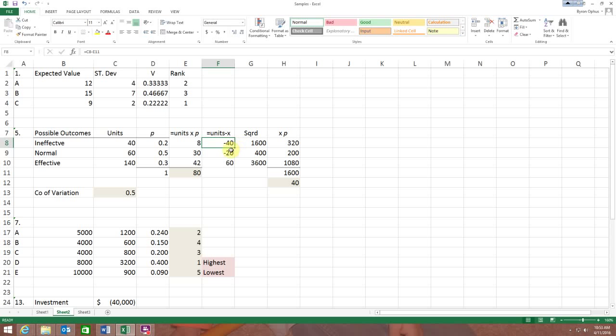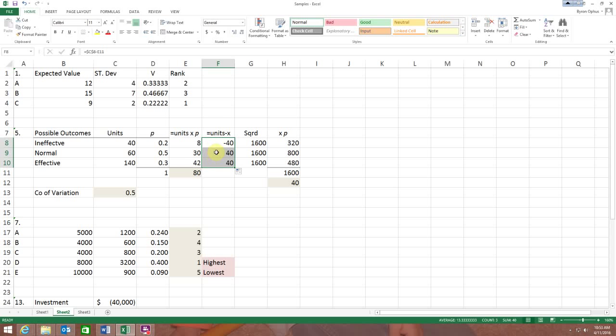Boom. I can't just copy this one down, right? Because what I should have done is made my C8, if I wanted to copy it, with dollar signs like that. Now I can copy it down. So, oops. Uh-oh. Nope, I screwed up.